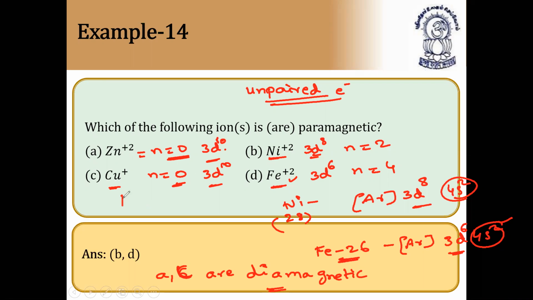And magnetic moment mu is also equal to 0 because it has 0 unpaired electrons. So A and C are diamagnetic in nature and B and D are paramagnetic because they contain unpaired electrons.